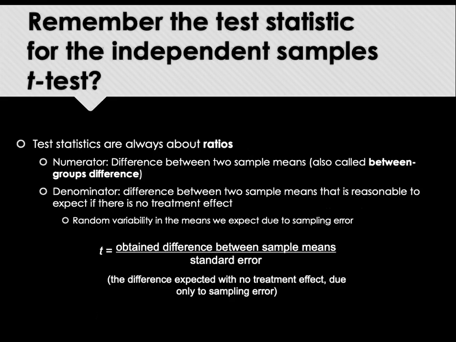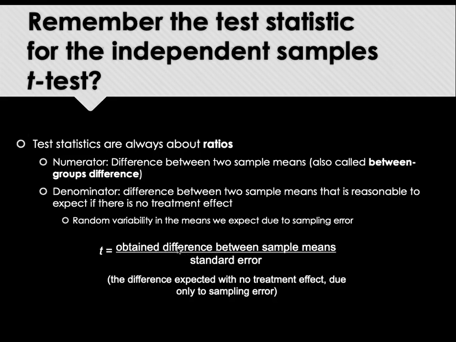So remember the test statistic for the independent samples t-test. T-test statistics are always about ratios, right? When we were calculating the t-test test statistics, we used this ratio. The numerator had the difference between two sample means.